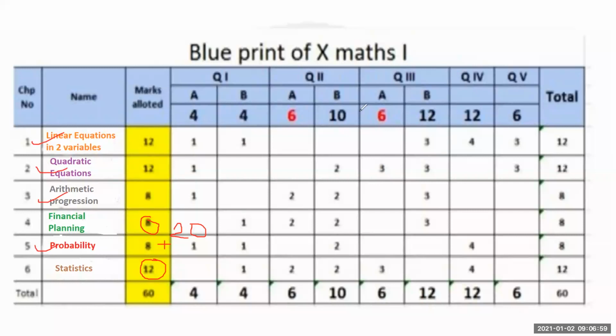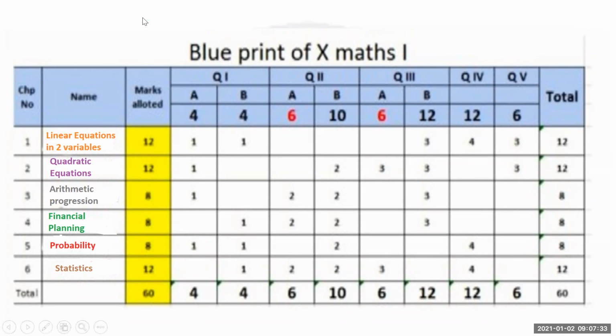So what you have to do is practice this. Now check, probability is the easiest topic to do. So instead of wasting much more of your time on probability, practice arithmetic progression and linear equations. And in linear equations, what is that? The graphical questions which are there. Understand? So you have to go ahead looking at the marks which you are going to get. Is this clear to all the students?